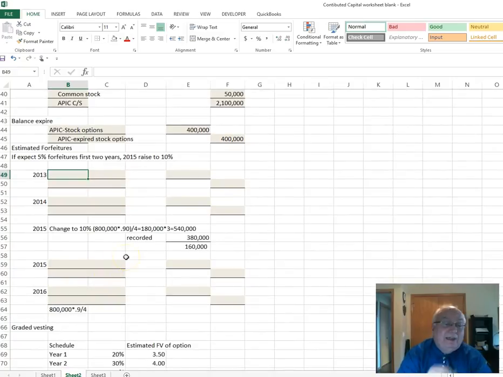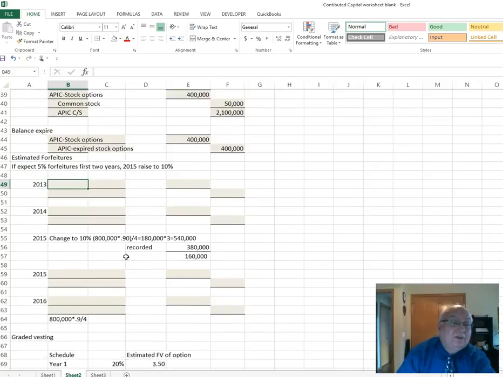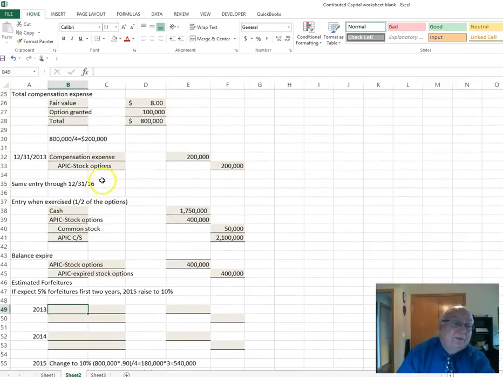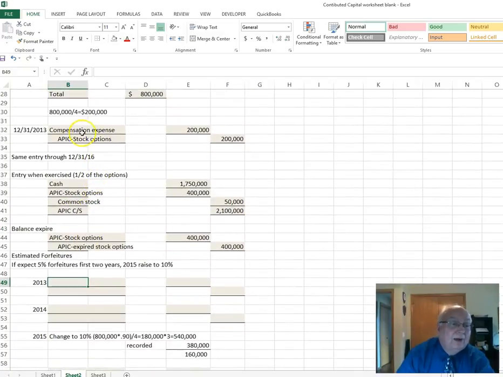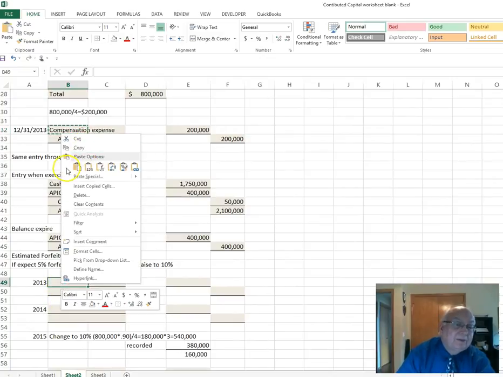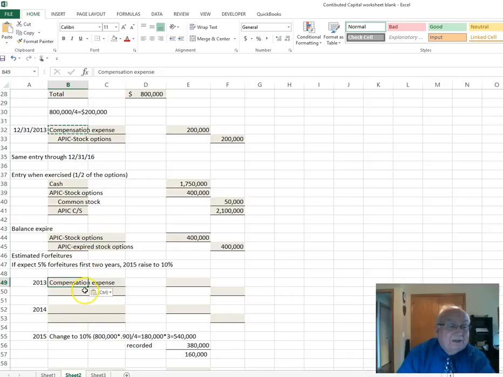Okay, if we did this and then we say, we expect 5% forfeitures the first 2 years, and then in 2015 it's going to rise to 10%. So the entry, same example, except instead of 100%, they're going to expect 5% of them to expire. So we do a compensation expense.